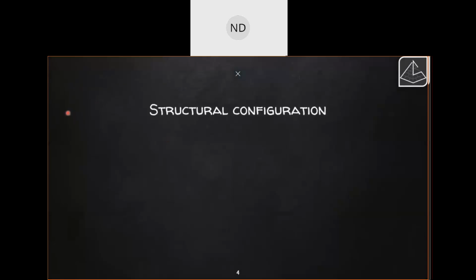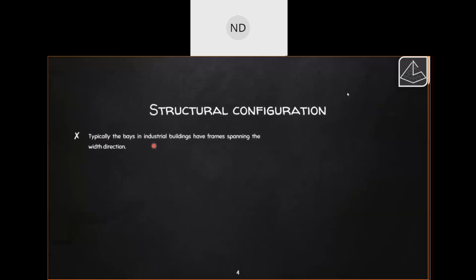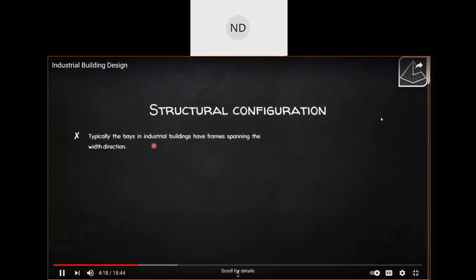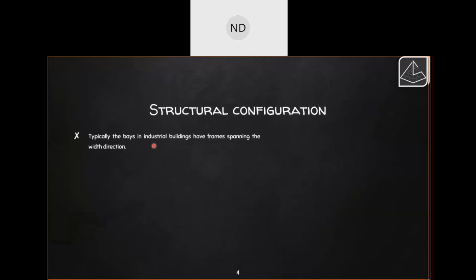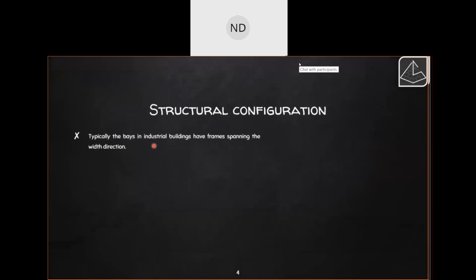Let us talk about the structural configuration. So typically, the industrial buildings have frames spanning the width direction. There are different bays. Each bay begins with one portal frame kind of arrangement.